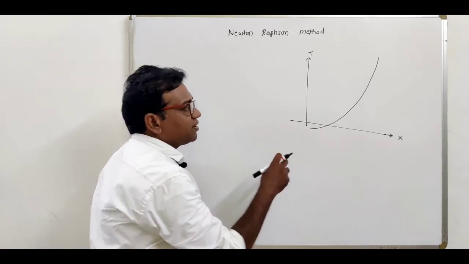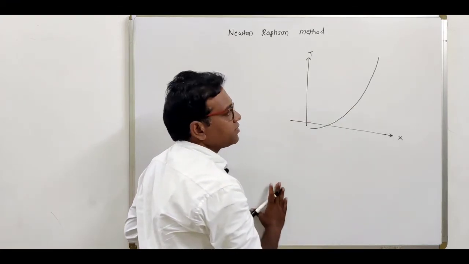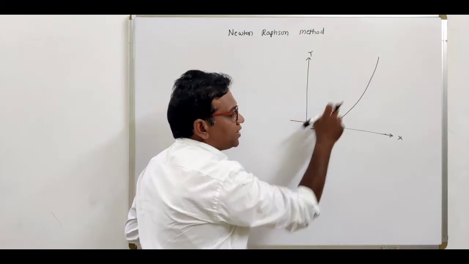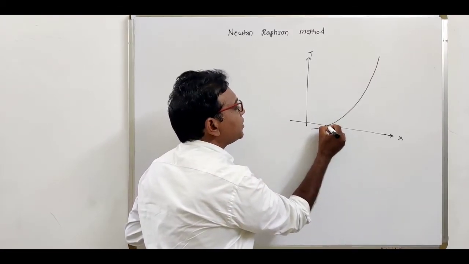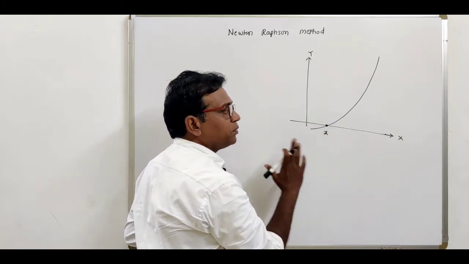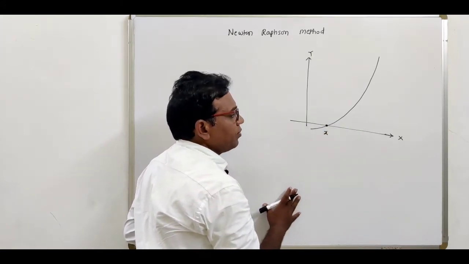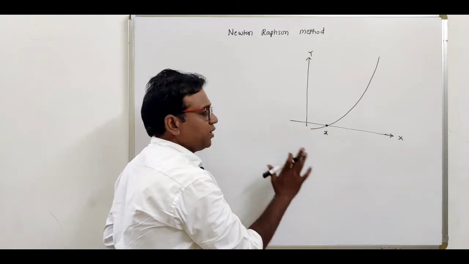Now if we consider the graph, suppose this is the graph of the function y equal to f(x). Now this graph cuts x-axis at this point, so this is called the actual root of the equation. So what is this x? X, that is the actual root.